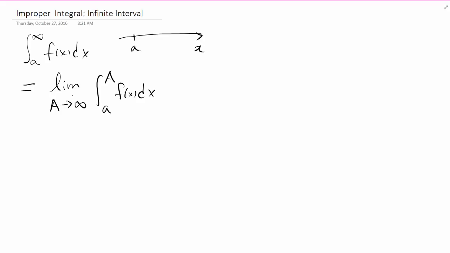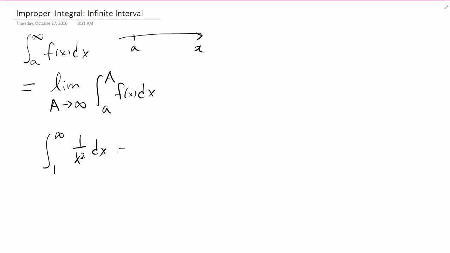This is something we are familiar with, and we can look at some examples and then pay attention to special places that we need to be careful of. So let's look at an example. For example, here we have the integral from 1 to infinity of 1 over x squared dx.